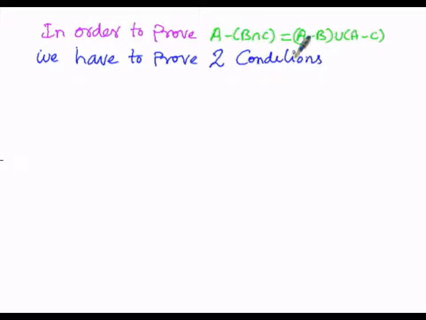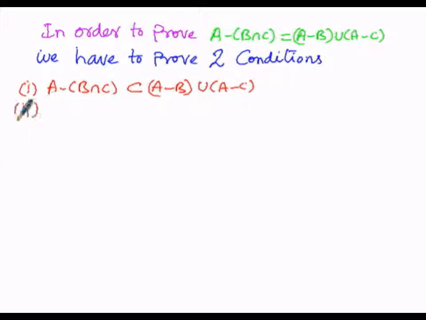The first one is A minus of B intersection C, the subset of A minus B union A minus C, and the second condition is the right hand side must be the subset of the left hand side, that is A minus B union A minus C must be the subset of A minus of B intersection C.